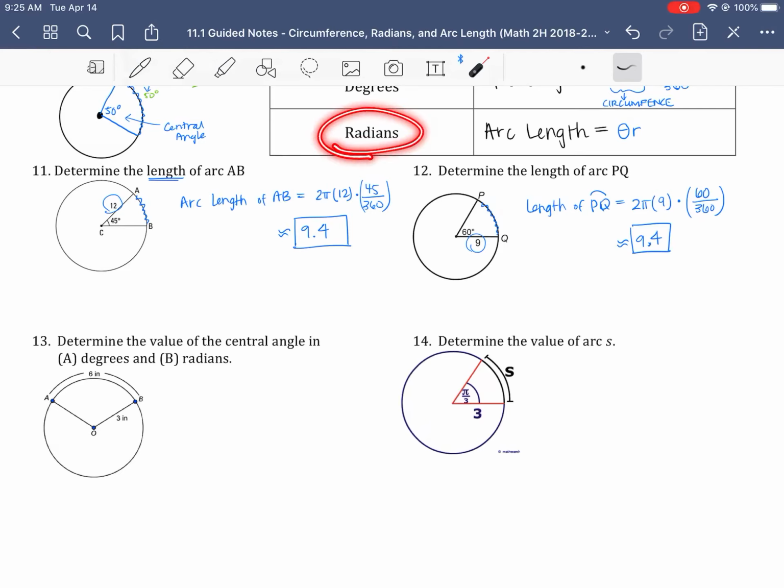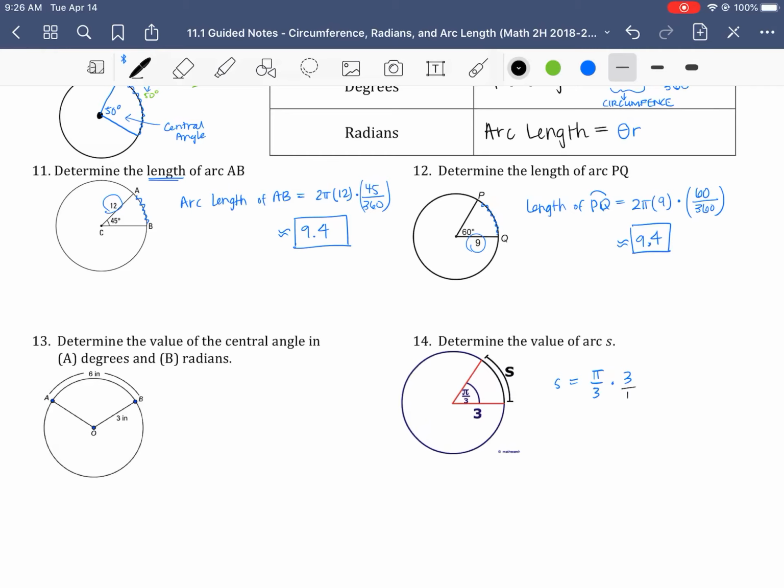So we are going to say, okay, let's look up here. A radian relates directly to the radius length. So our arc length here, which I'm going to call S, is equal to pi thirds, which is that angle in the middle, times the radius, which in this case is 3.